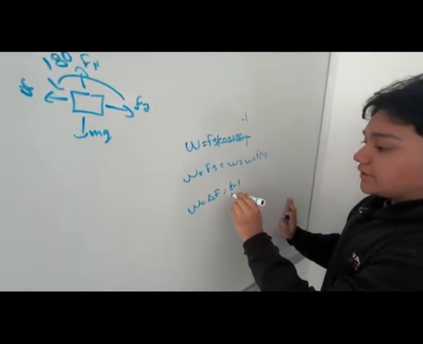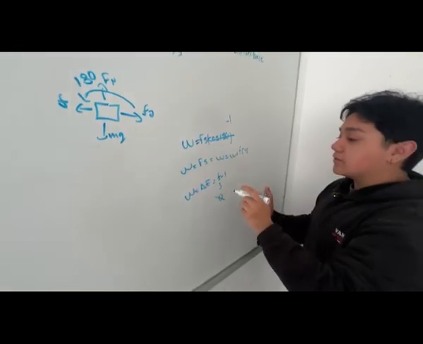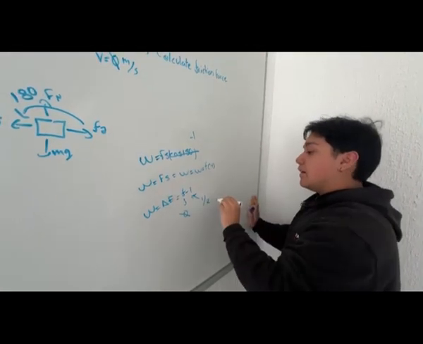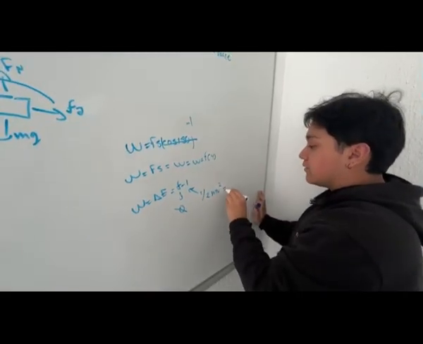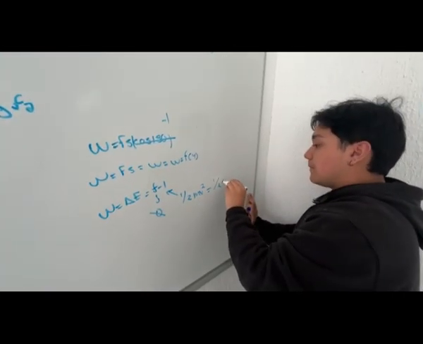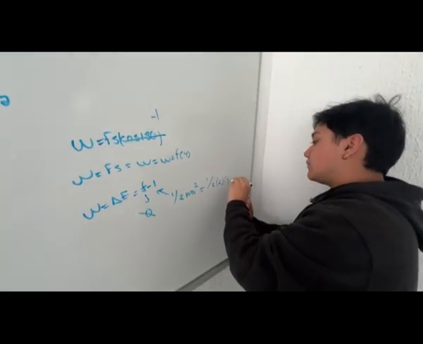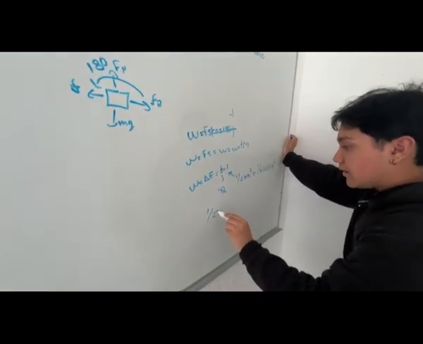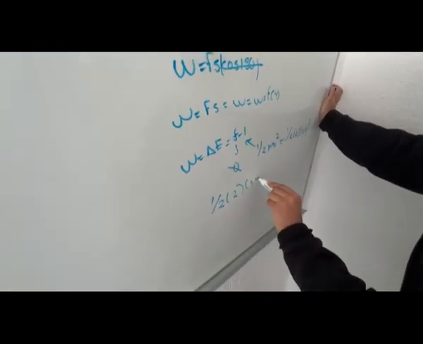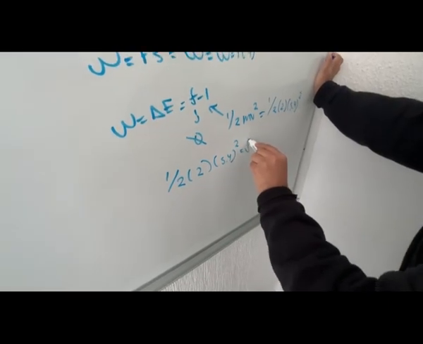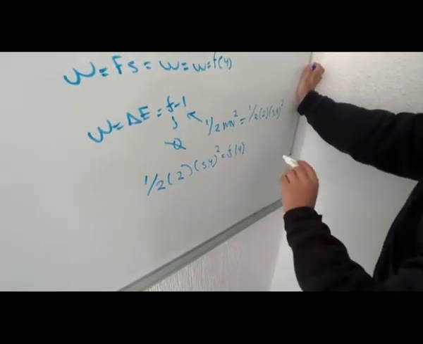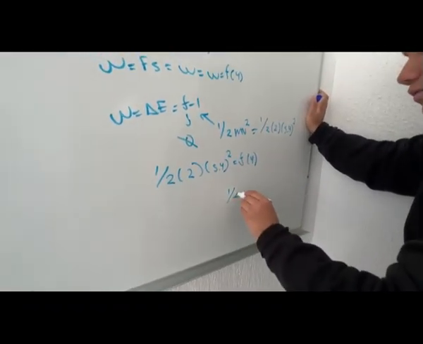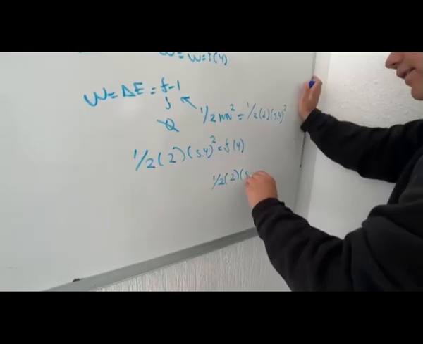The final is going to be 0 because the block stopped, and the initial is going to be 1/2 of mv squared, that is equal to 1/2 of 2 and 5.4 squared. So to rewrite all, 1/2 of 2, 5.4 squared is equal to F times 4. And to have the F alone, we only need to do some math.